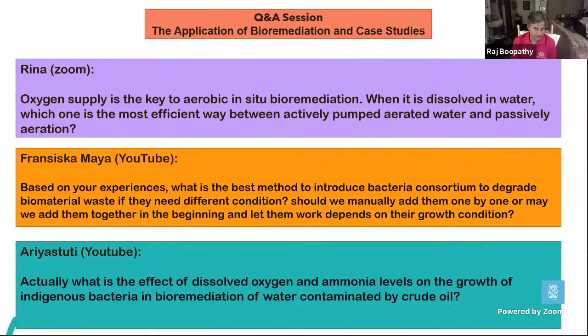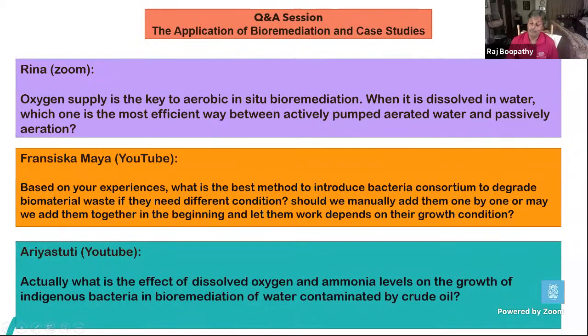Okay, the second one. What is the best method to introduce a bacterial consortium to degrade biomaterial waste? If they need different conditions, should we manually add them one by one, or add them together in the beginning? Well, as I said, you need to do a little bit of lab study first. Sometimes nature throws some surprises, like the last experiment I showed you. The mixed condition worked.